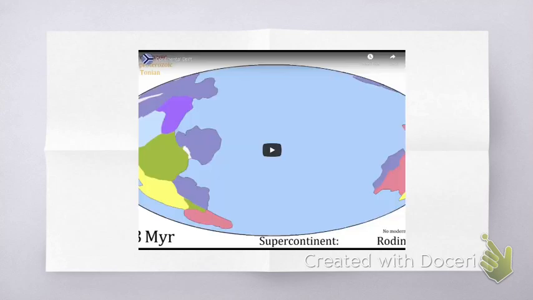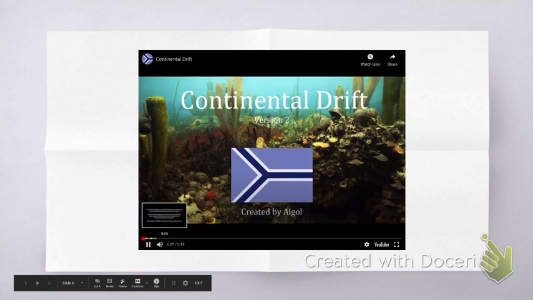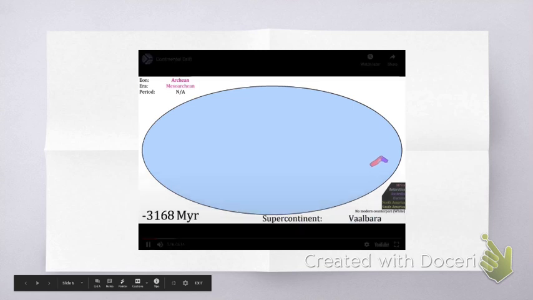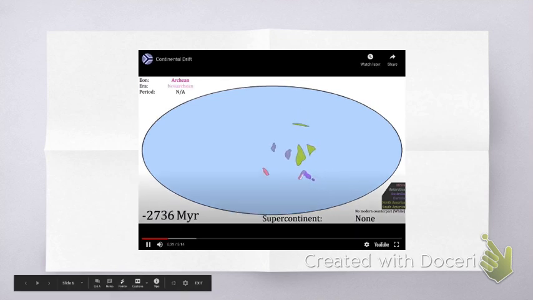This is a video clip that shows how the continents moved around the planet through history. This is 2.9 billion years ago, and it shows where the continents are, how they move, how long it took for them to develop, stuff like that. It's pretty cool to watch.